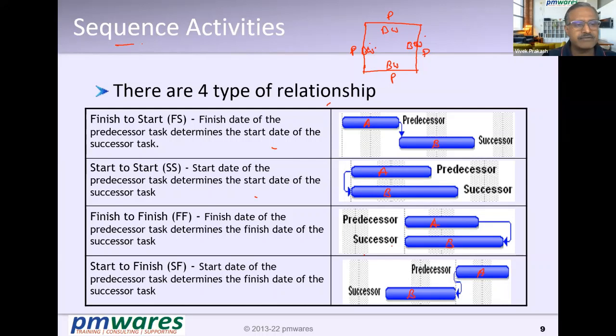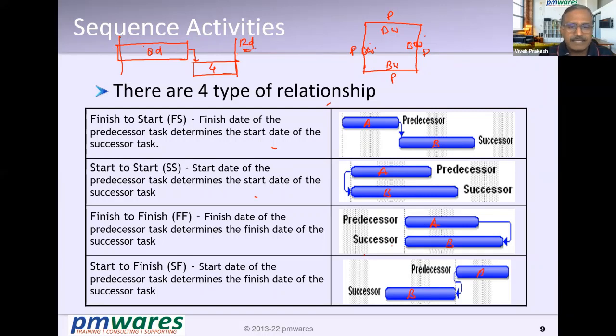It will be first brickwork and then plaster. So this will be 8 days and this will be 4 days. So overall it will take 12 days. But now look at it. Is it necessary that all 4 walls' brickwork completes, only then I start the plaster?